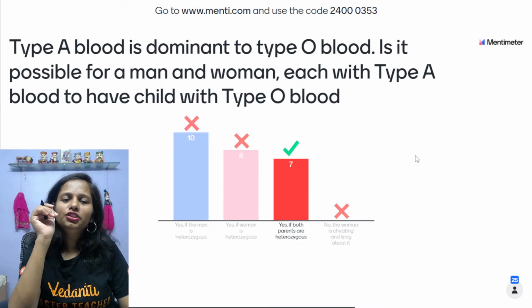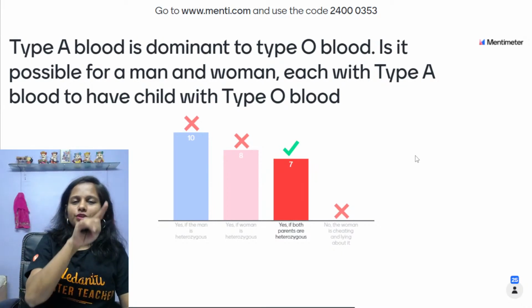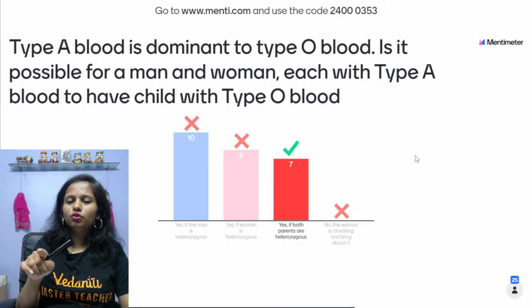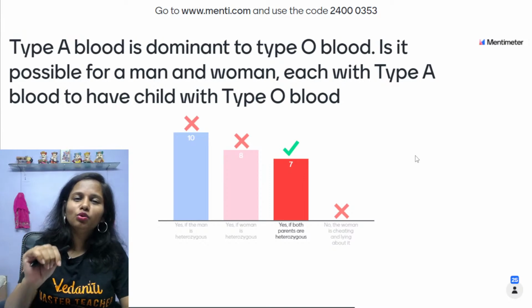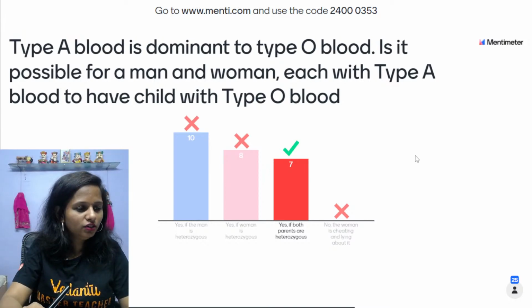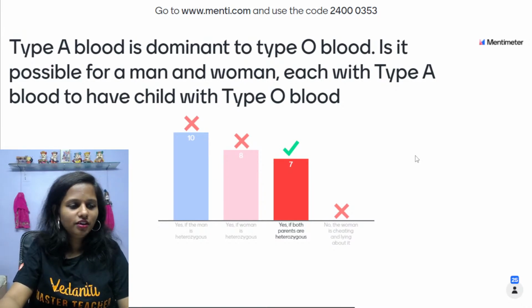Beta, the genotype should be AO, heterozygous. So when papa will give O, mama will give O, then the genotype of the offspring will be OO and the blood group will be O. Understood? Understood? Yes. Chalo.